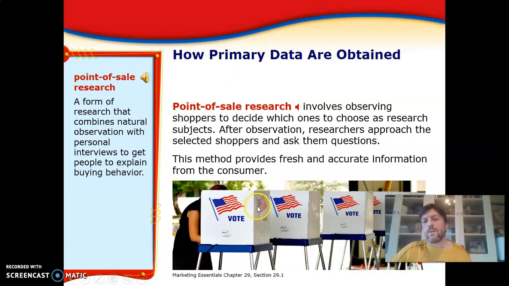But another good example is the voting polls. And here's another problem with primary data and sampling for markets, the reason I put this picture on here.